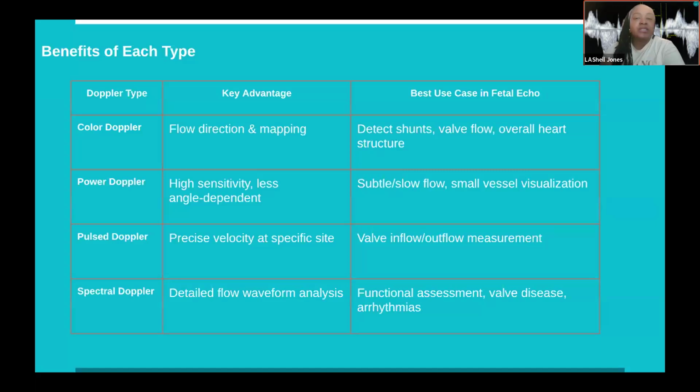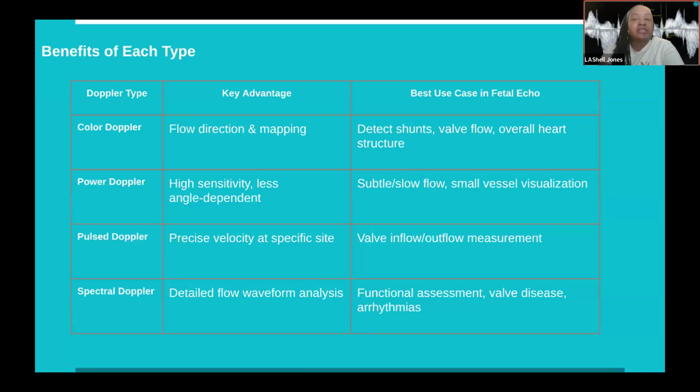Now, just before we touch on each one, I want to go over some key advantages for each and then its best use case in fetal echo. Starting with color Doppler, its key advantage is flow direction and mapping. We're going to take a closer look at that. With color Doppler, you're able to detect your septal defects with the shunting that it will show.